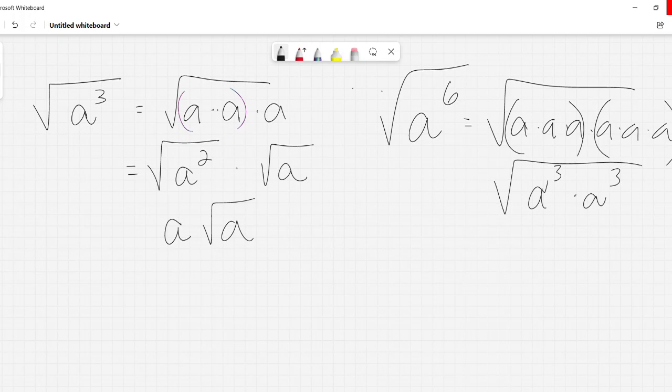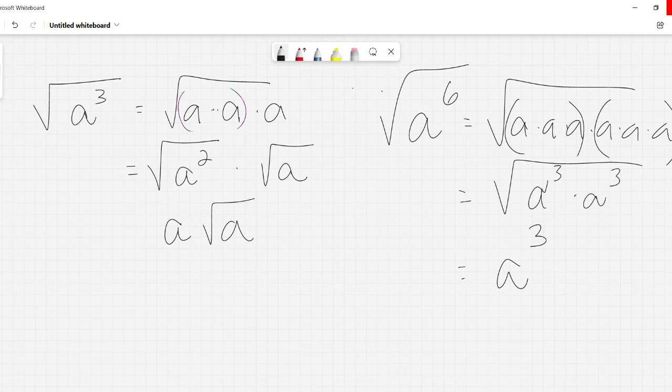The square root of anything times itself, like square root of 50 times 50 is 50. The square root of 93 times 93 is 93. The square root of a to the 10th times a to the 10th is a to the 10th. Okay, this is a pattern that you need to be aware of. So the square root of a cubed times a cubed is a cubed.